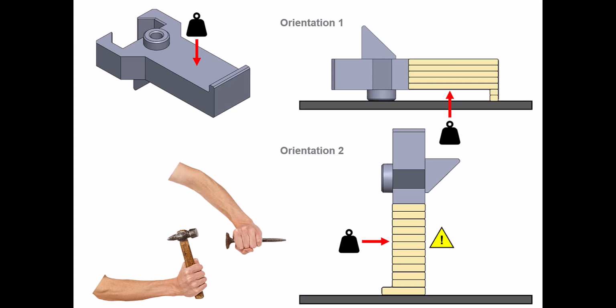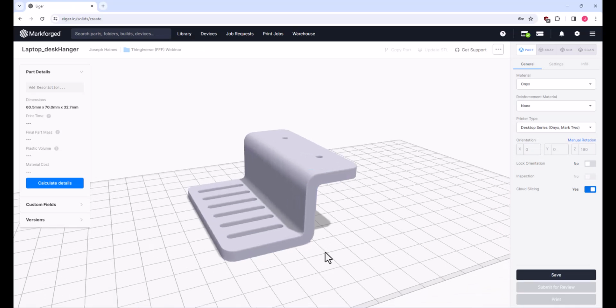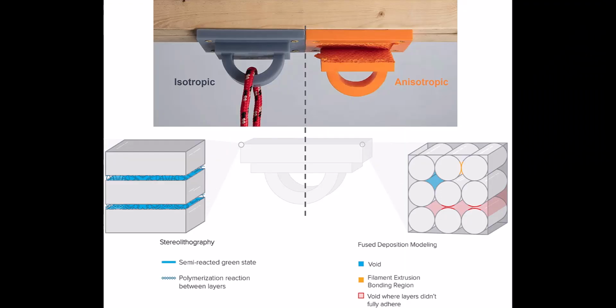But there is something called layer delamination that is the Achilles heel of FFF printing. And where we're going to have this issue is along this vertical feature, because we're building this layer by layer up from the bed. And the interlayer bonding on an FFF print is very weak.